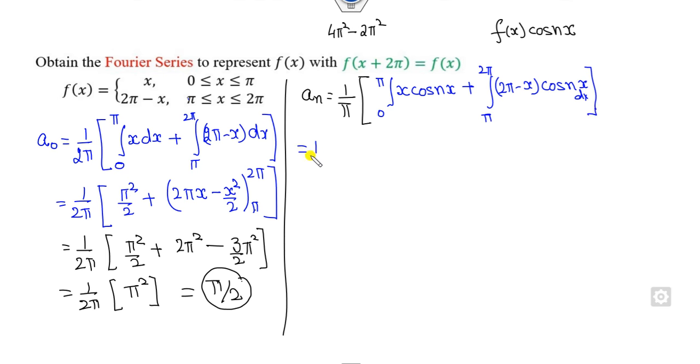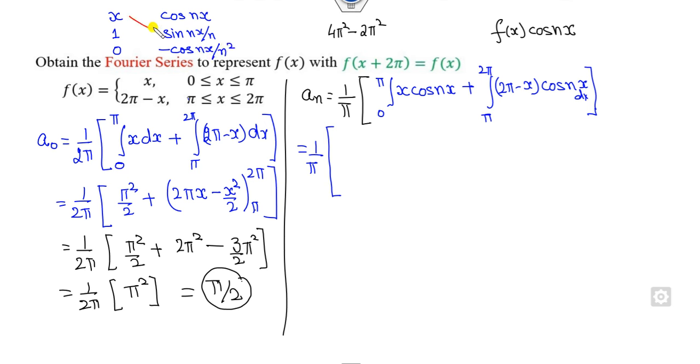Fine. So it will be 1 over pi. Again you can write this as x cos nx, using the derivatives 1 and 0, it is sin nx over n minus cos nx over n square.